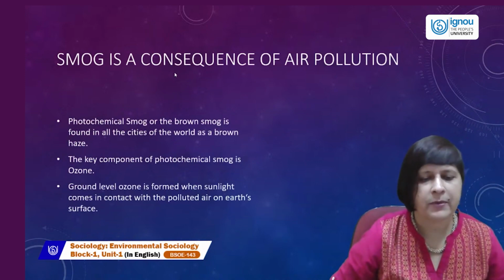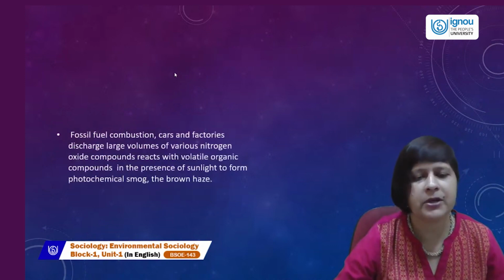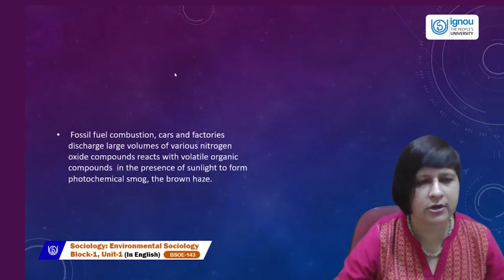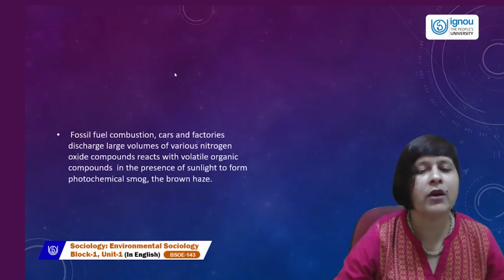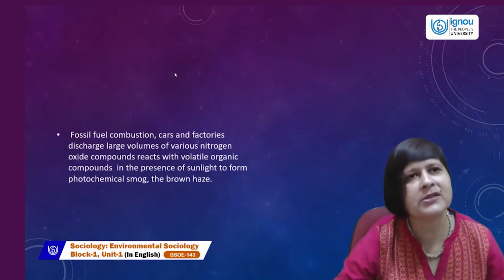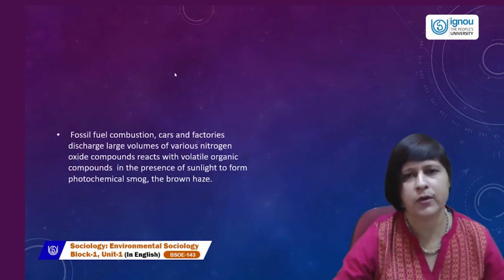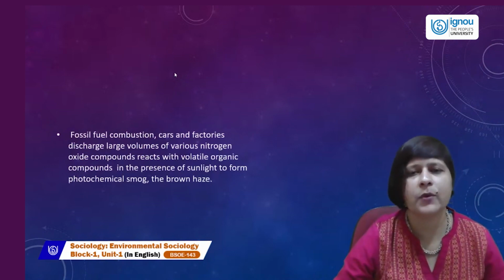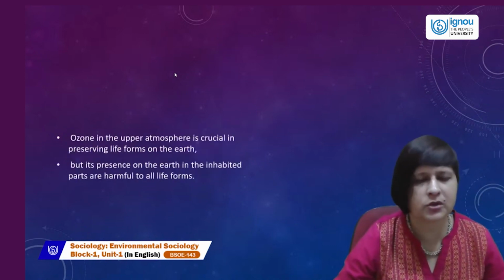Ground level ozone is formed when sunlight comes in contact with polluted air in the Earth's atmosphere, and fossil fuel combustion, cars and factories discharge a large volume of nitrogen oxide compounds, and these compounds react with volatile organic compounds in the presence of sunlight to form petrochemical smog or the brown haze. When sunlight comes in contact with polluted air from fuel combustion, it is responsible for the formation of smog.